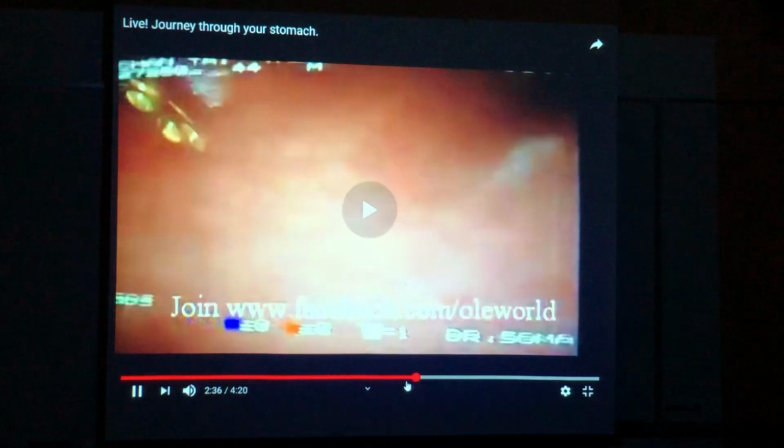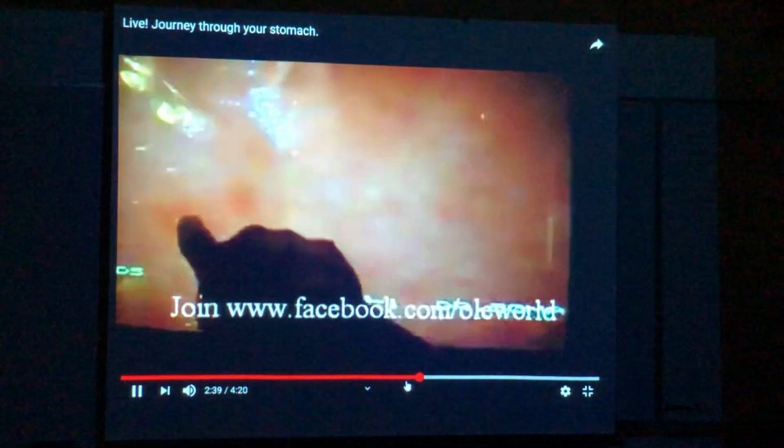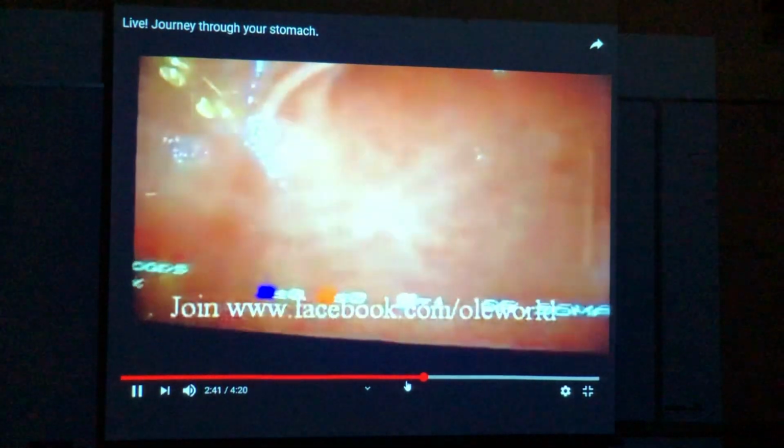Right there, see the little dark spot, like a pimple almost? Those are two other regions of ulceration where there's an overpopulation of H. pylori perhaps. Erosion, early erosion.